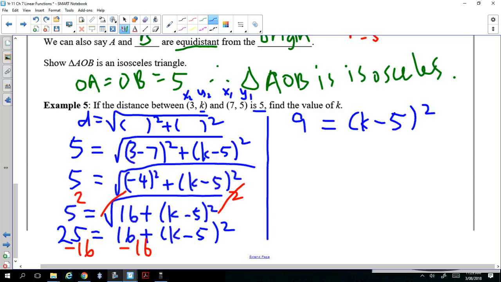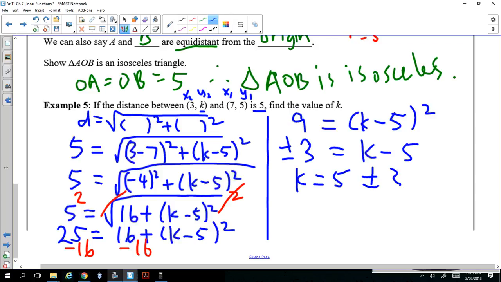We can square root. Can you see I don't need to expand? I don't need to factorize. Do that when it's a perfect square form. So plus or minus 3, and then how do you find k now? Plus 5. So k is 5 plus or minus 3. So k should be 8 or 2.